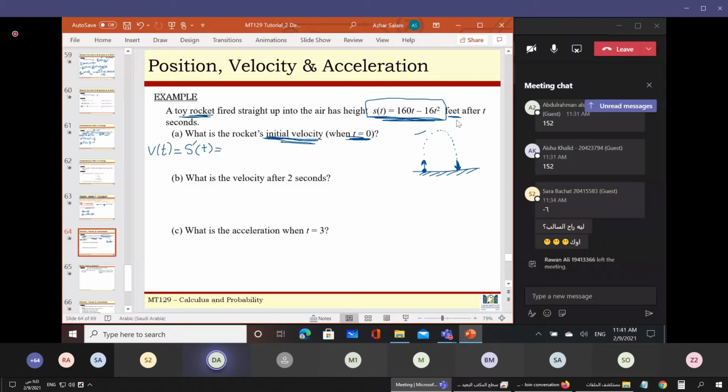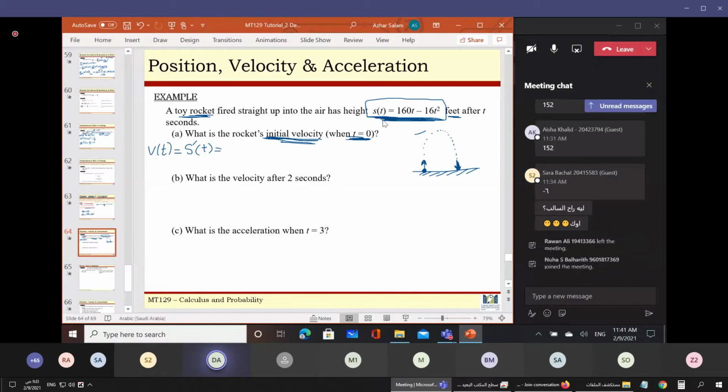The derivative of 160 multiplied by t is 160, minus 2 multiplied by 16, which is 32t. This is the velocity function.